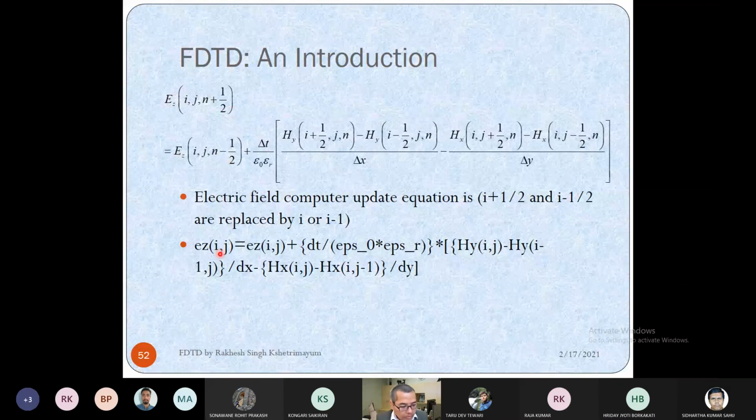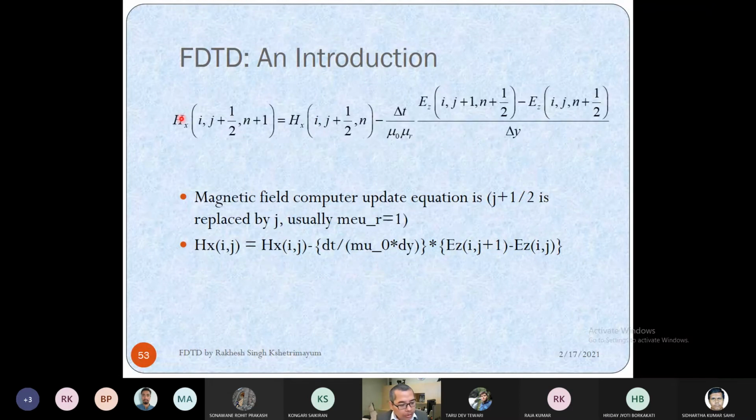So all the half terms like i plus half, i minus half will be replaced, because we cannot have any array running index as half integers. So i plus half should be replaced by i, and i minus half should be replaced by i minus 1. So this same equation you can write as a computer update equation here, like this.